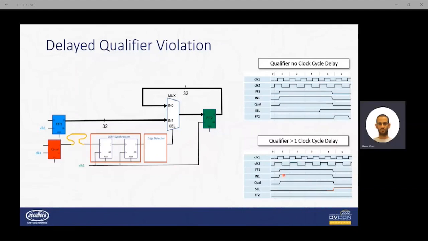Then it arrived to E1 pretty shortly. The qualifier is sent with it, but it takes a lot of time for it to arrive to the select and sync together. So we might sample the wrong data or data that is just changing, taking the value at flip-flop number 2 wrong or metastable.